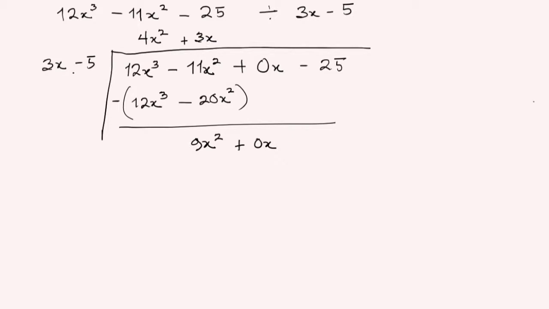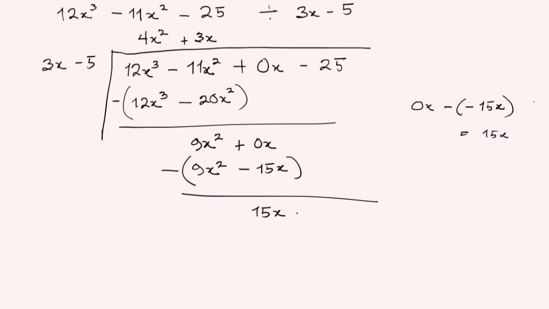So 3x multiplied by 3x is equal to 9x squared, and 3x multiplied by minus 5 is equal to minus 15x. Now if we subtract all this from this expression, we have 9x squared minus 9x squared is equal to 0, we know. And then 0x minus 15x will be minus 15x.